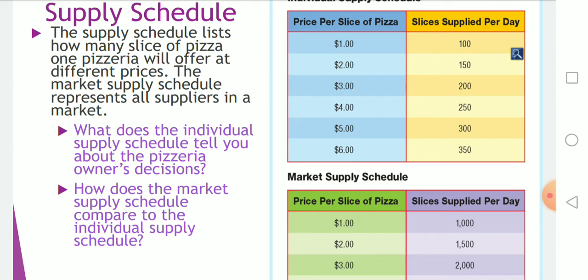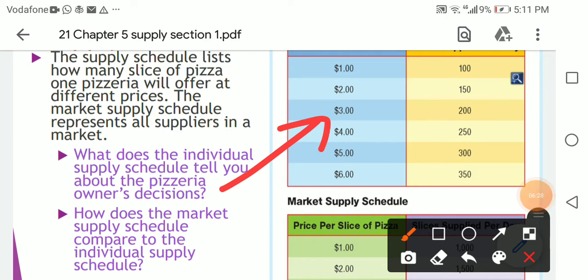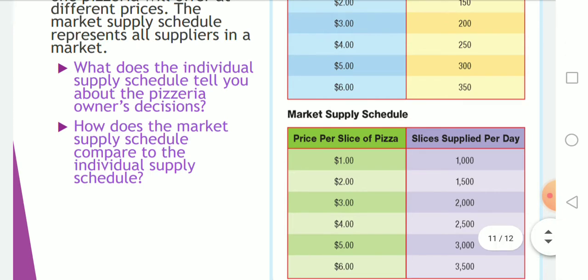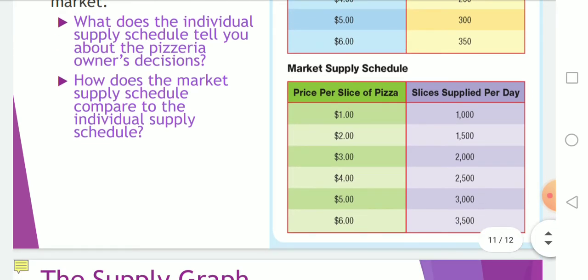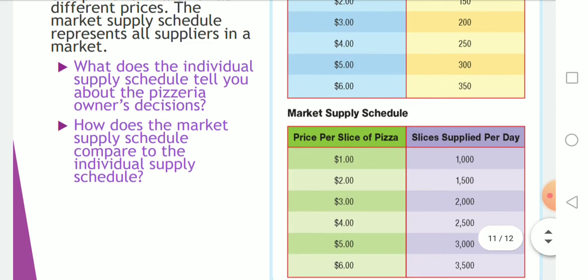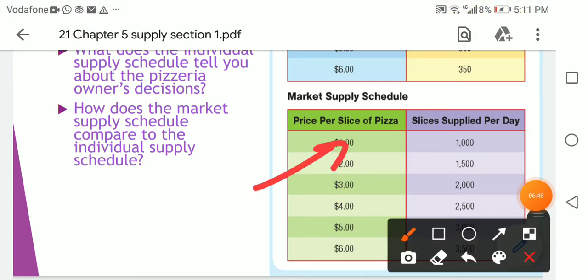I want to show you something first. If this is the individual supply schedule, what about the market? The market supply schedule is for all the suppliers in the same market. When I have the slice of pizza at 1, all the suppliers in the same market give us a quantity supplied of 1000.